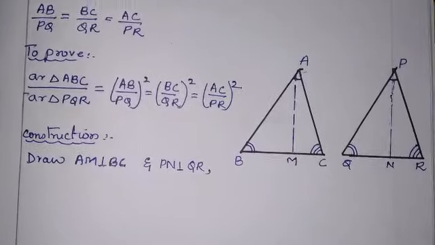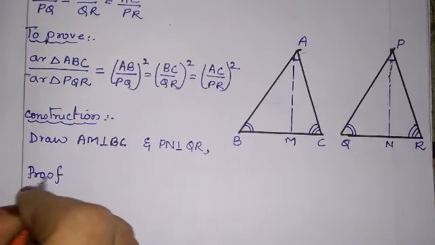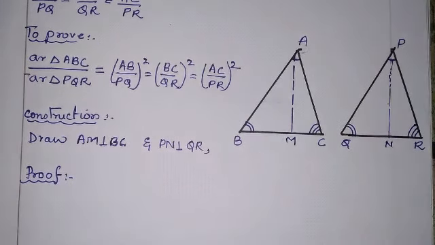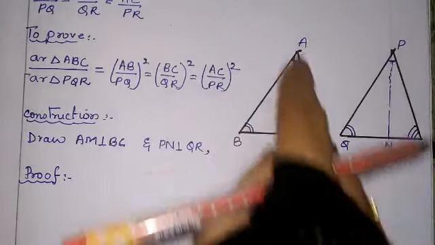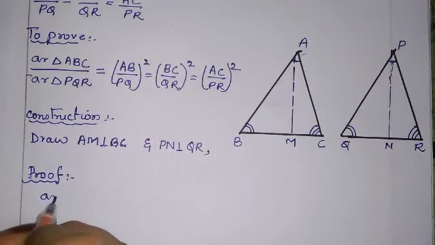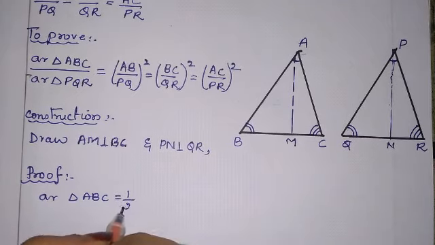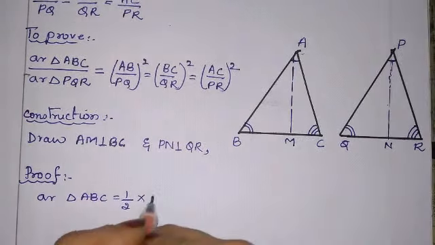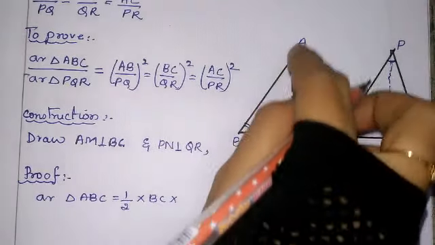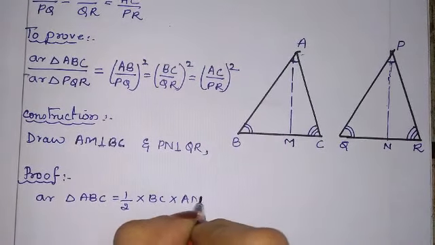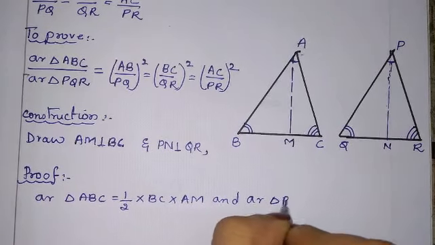Now the very important step is the proof. We know the area of a triangle formula. Let us find the area of this triangle ABC first. Area of triangle ABC is equal to half into base BC into height AM.